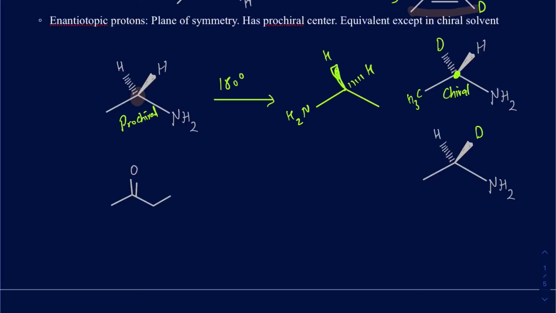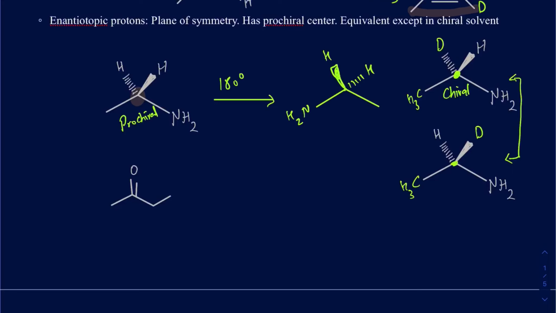The same story on the bottom: we have deuterium, hydrogen, the methyl group on the left side, and the NH2. Now, what's the relation between those two? The only difference is the position of the hydrogen and the deuterium.